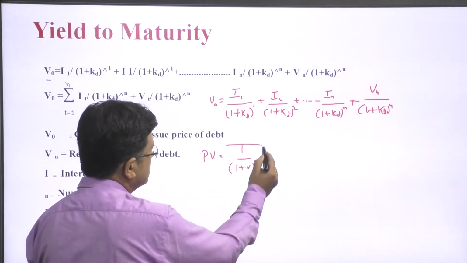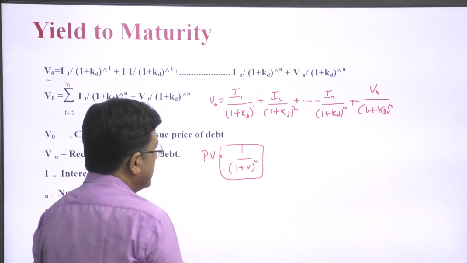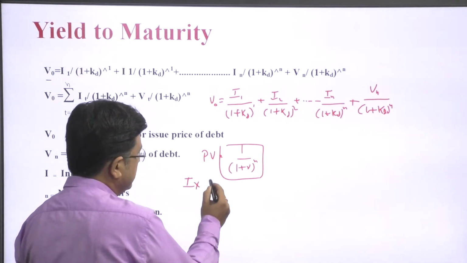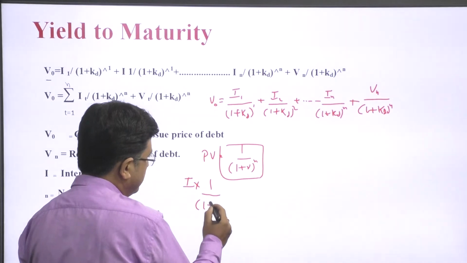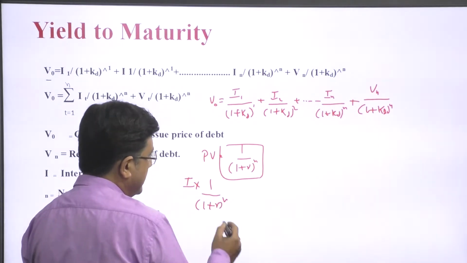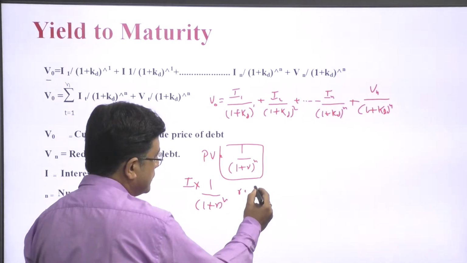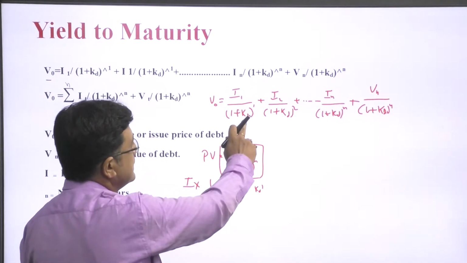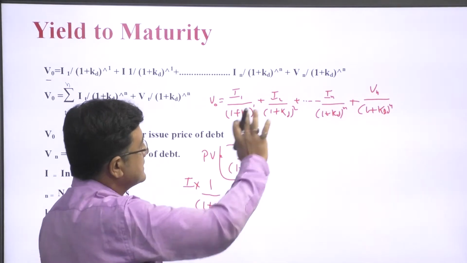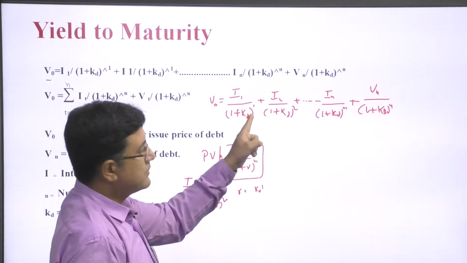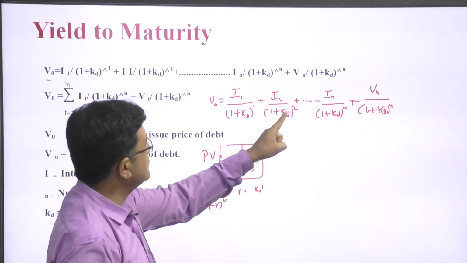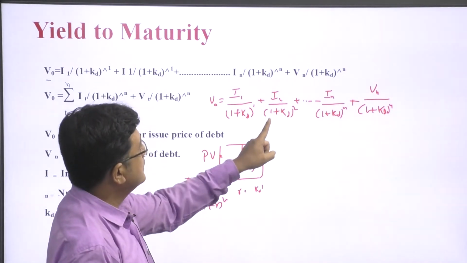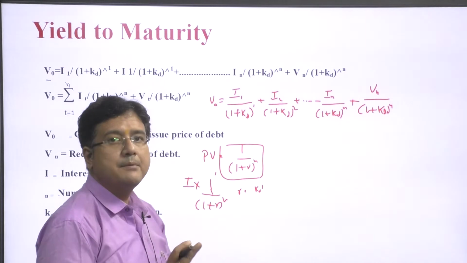Now, when we multiply it with I, here R is the cost of debt or internal rate of return. So, we replace R with KD, other things are the same. For the first year the power is 1, for the second year the power is 2, and so on. This continues till the redeemable period.